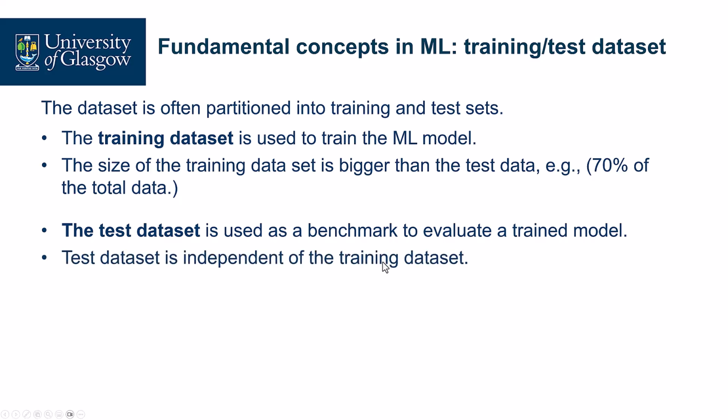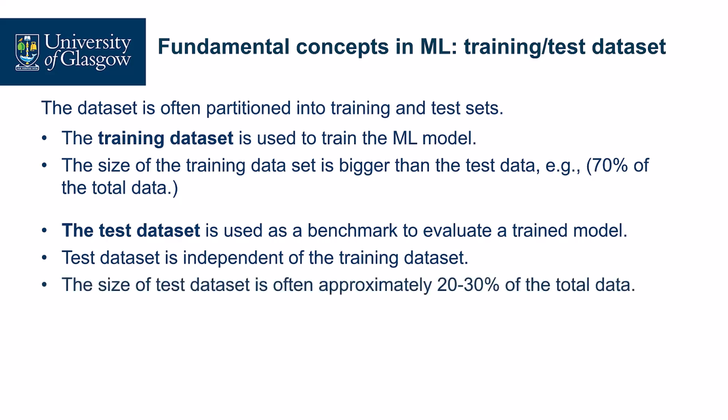We can say the training data and test data must be independent. The two data sets must be very independent to make sure the test data set can correctly evaluate the trained model, right? Later in the advanced class, you will see more about this, as well as how to split the training data and the test data.